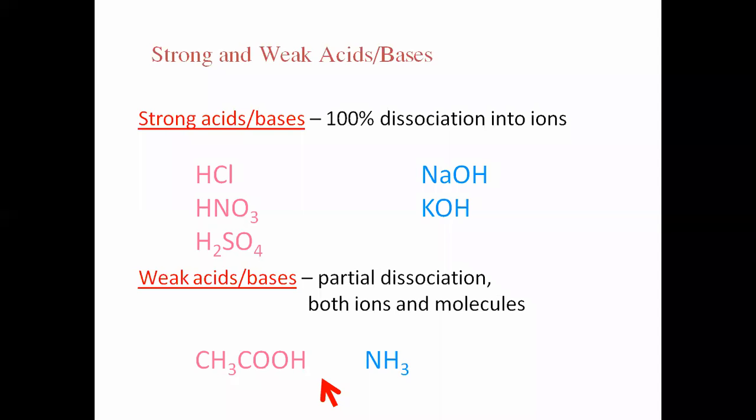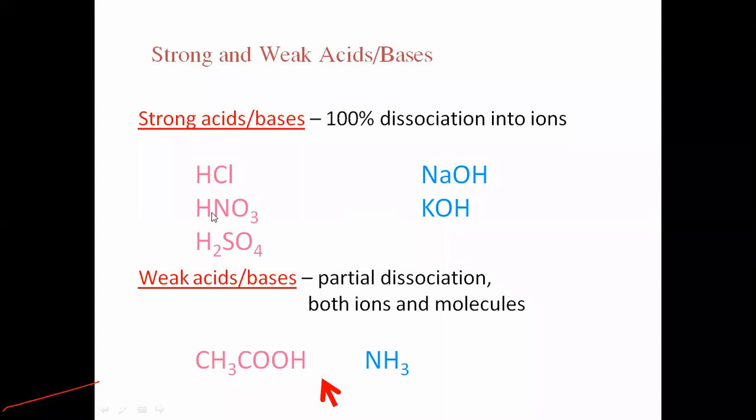The definition of strong acid and strong base: any substance, whether it is acidic or basic, if it is 100% dissociated in the solvent, then it is known as a strong acid or a strong base. Whether it is an acid or a base, forget about that. If that compound is completely ionized and dissociated, then it is known as a strong acid or a strong base.